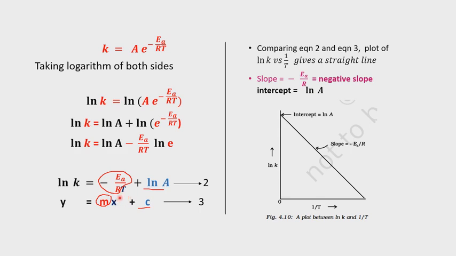For example, if log is present here, log k, then the slope equal to minus Ea by 2.303 R. We will see now.